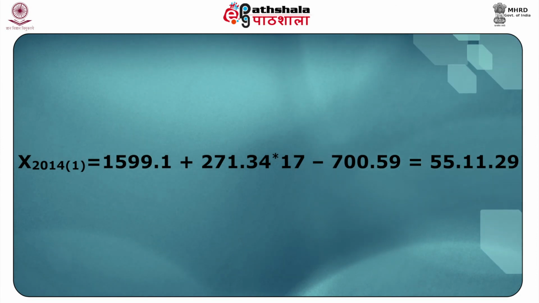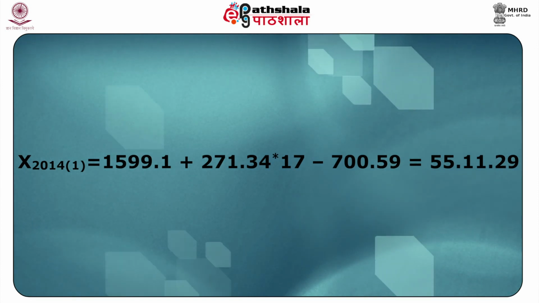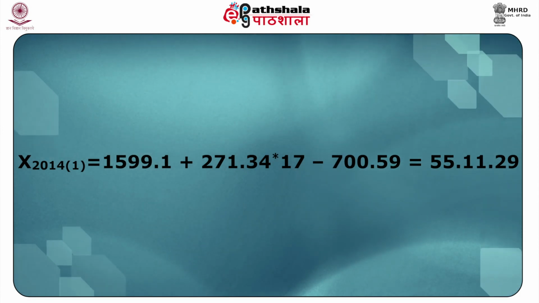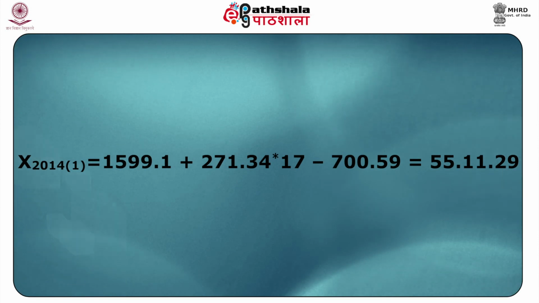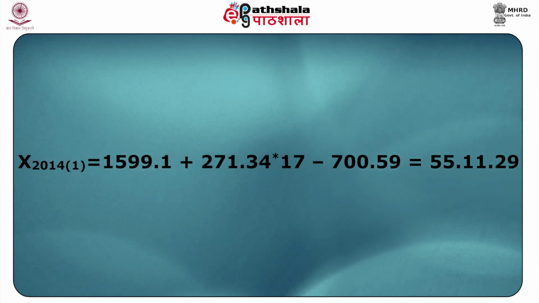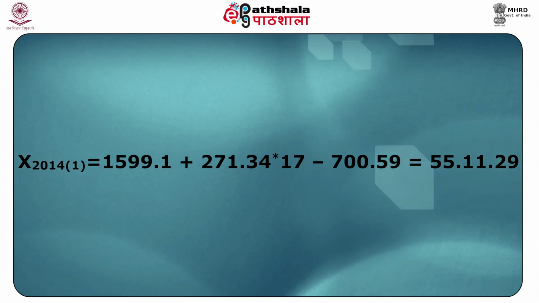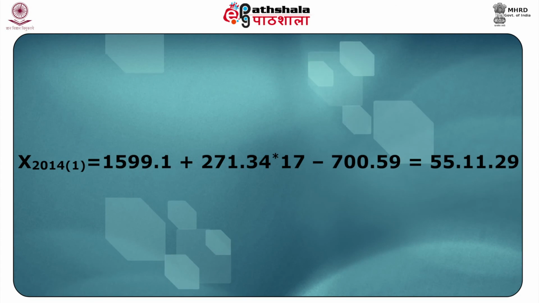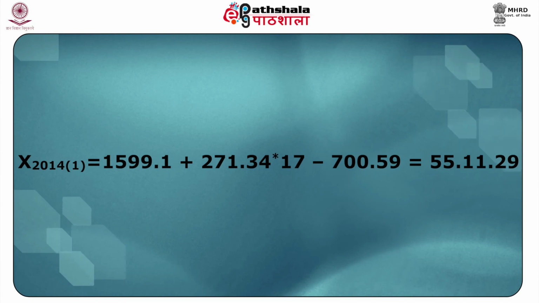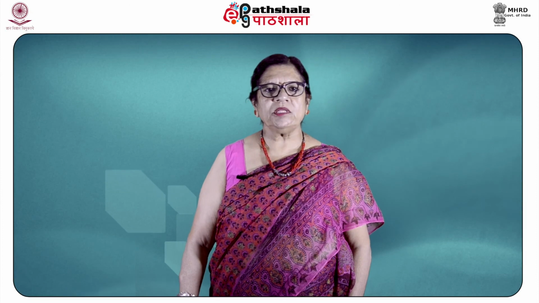Therefore, the forecast for sales for the first quarter of 2014 is X 2014 T is equal to 1599.1 plus 271.34 into 17 minus 700.59, which is equal to 5511.29. In the same way, we can predict for all the quarters.